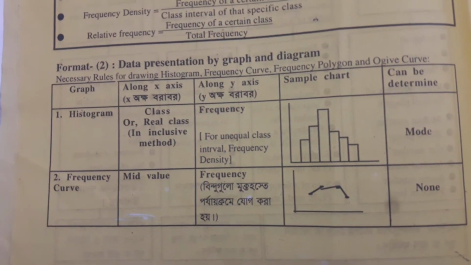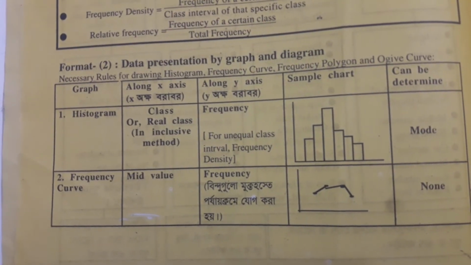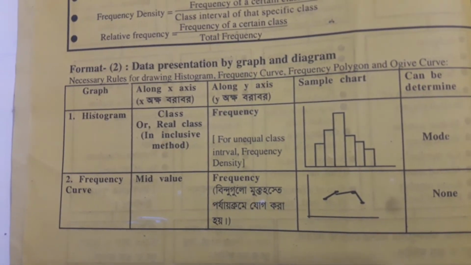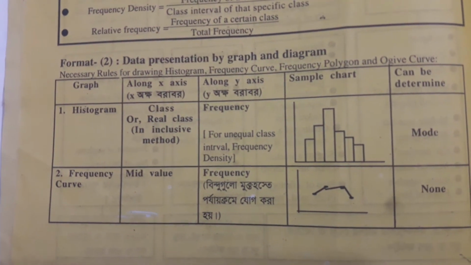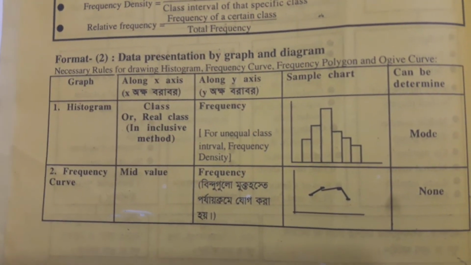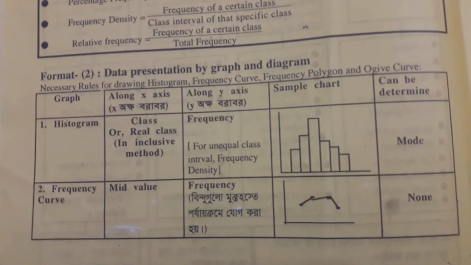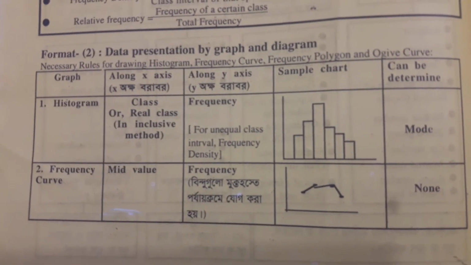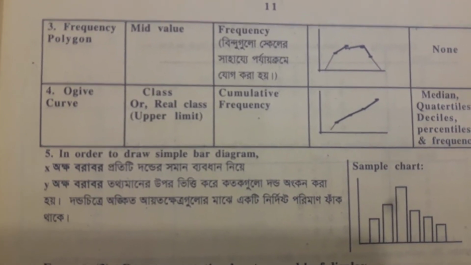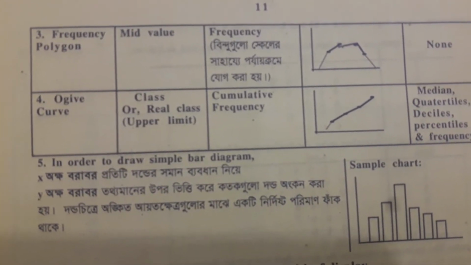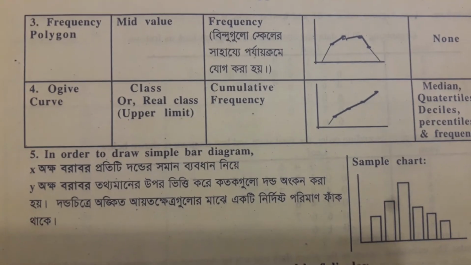Frequency curve: x-axis mid value and y-axis frequency. The diagram is shown below. Here there is no value we can find. Have you understood, dear students? Next, frequency polygon. X-axis mid value and y-axis frequency.